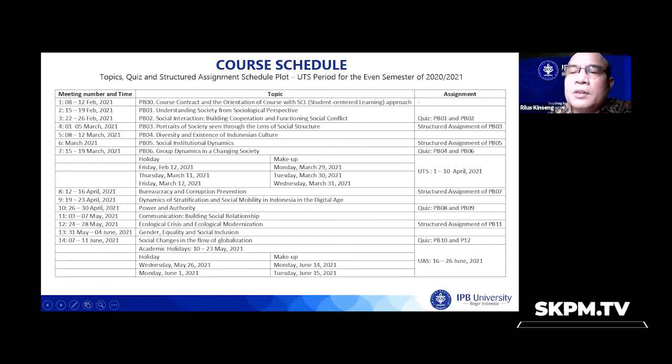In bahasa Indonesia it's pokok bahasan, basically a main topic. So this first topic, and then the second topic, and then you have this quiz, topic first and then topic second. And then the portrait of society seen through the lens of social structure, topic third. Then you get a structured assignment.